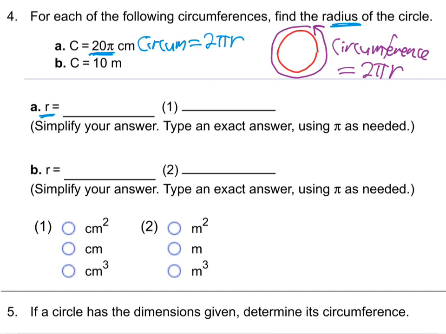So how am I going to do that? Well, I'm going to take the 20 pi, and I'm simply going to plug it in for the word circumference, because they're telling me the circumference is 20 pi. The circumference equals 20 pi. So this means 20 pi equals 2 pi r.